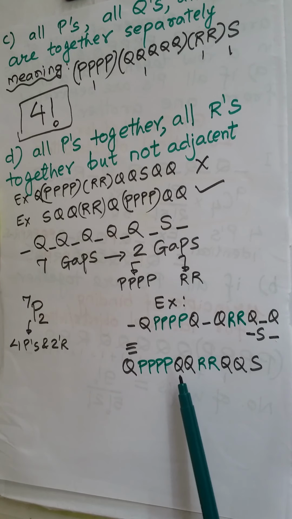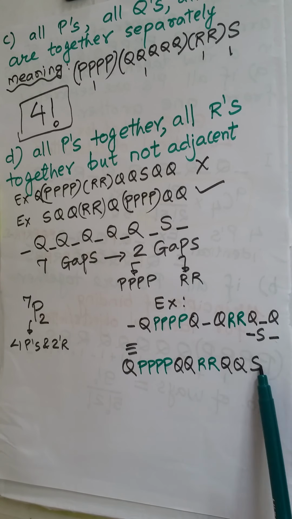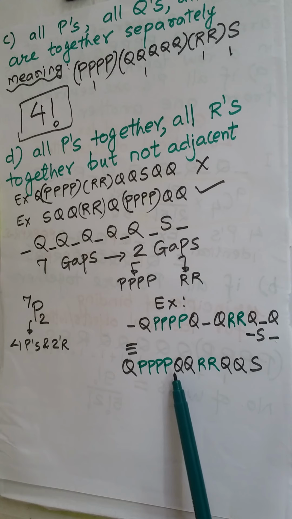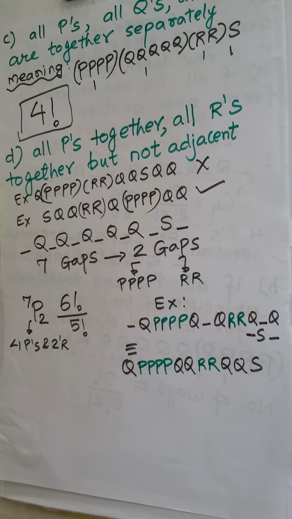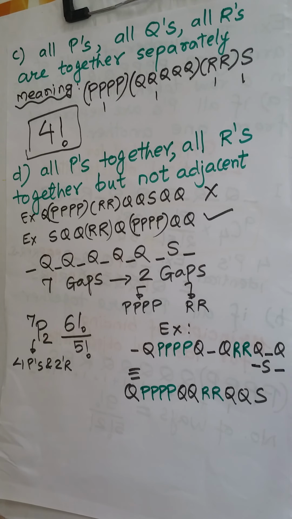Now in these specified positions, these 6 letters can be arranged in how many ways? 6 factorial ways, but out of that 5 Q's are identical, so we have to divide it by 5 factorial.